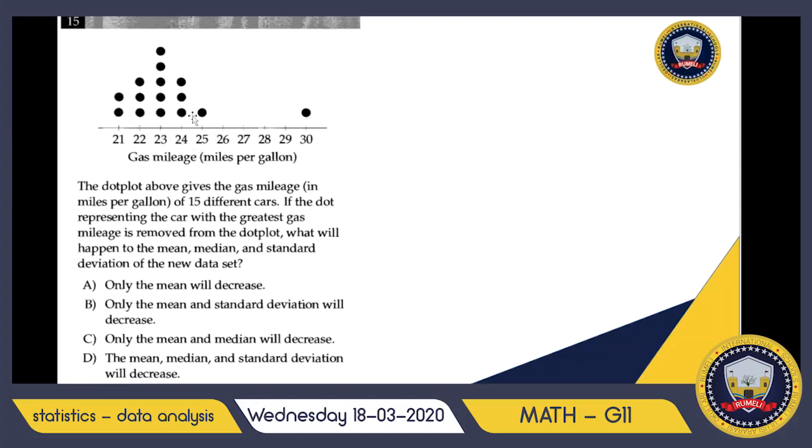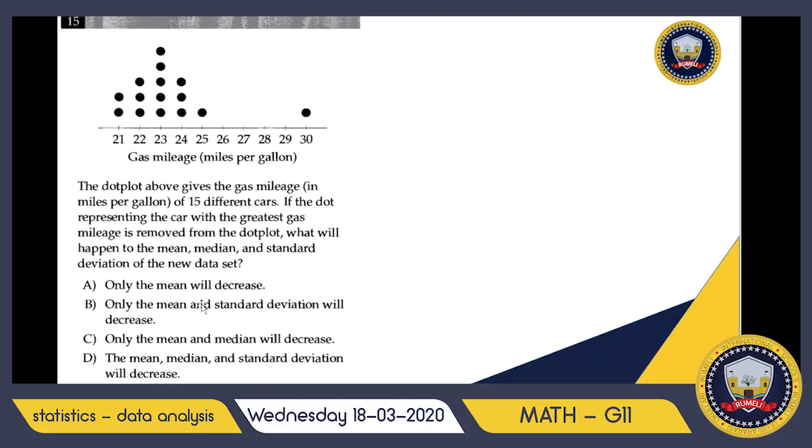So basically, guys, in this example we have to notice that this sample over here is an outlier, because it has a very long distance between this sample and the other samples. So removing this sample, we have a very big change in the mean and the standard deviation, because this is an outlier.